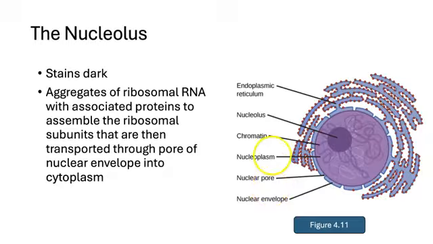Let's talk more about that nucleolus that we saw over here. This is going to stain a very dark purple, and we'll see aggregates of ribosomal RNA with their associated proteins to assemble the ribosomal subunits that are then going to be transported out of the pore of this nucleus and into the cytoplasm so that we can go through different processes like translation, for instance, in which we are going to read some of our genetic information in order to create proteins.